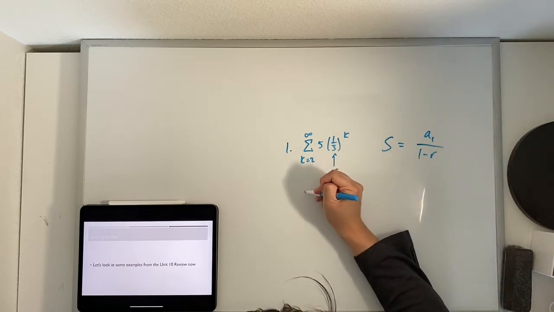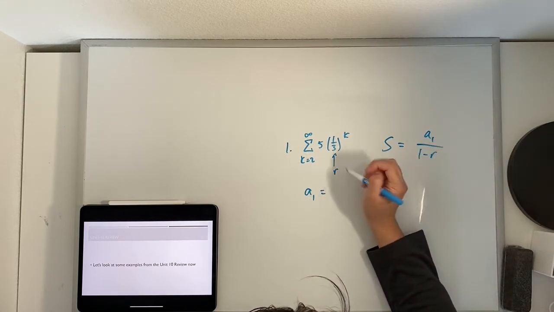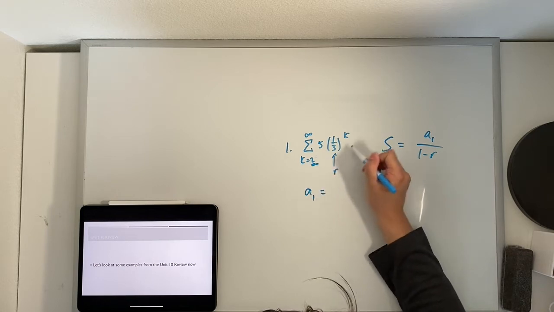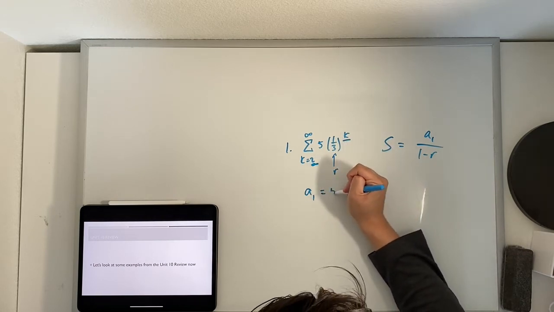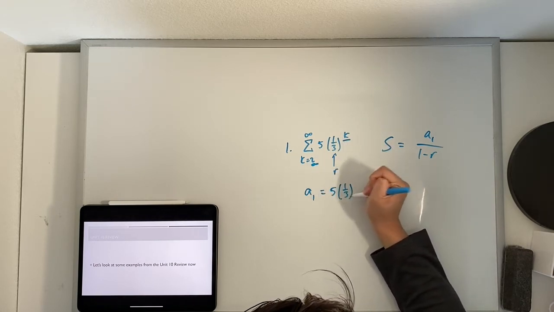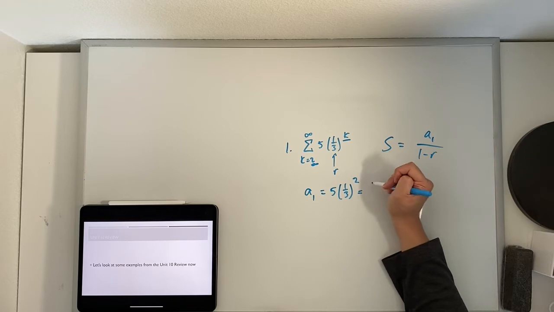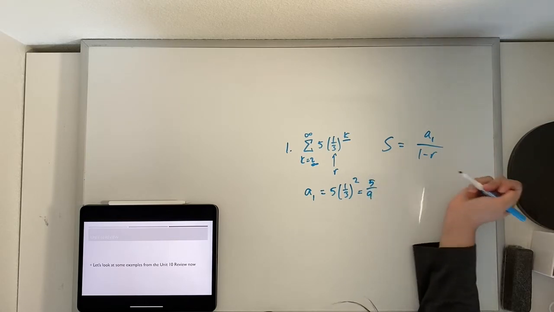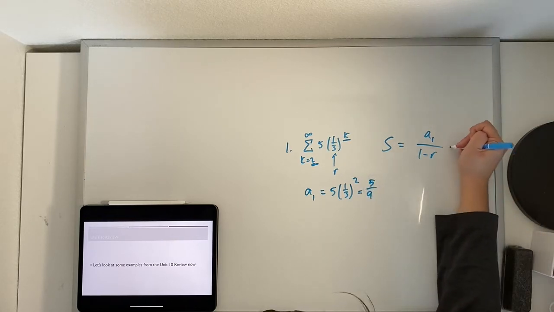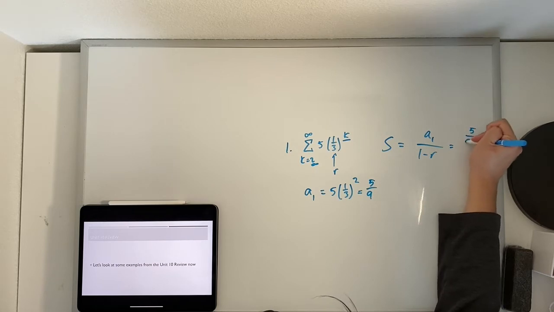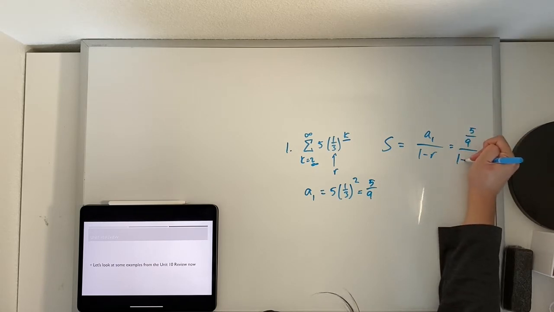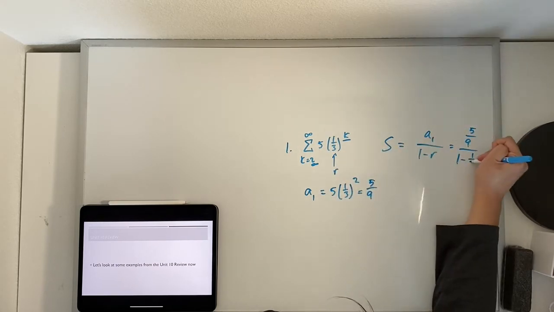That means we need to find our first term, which means we need to plug in our first value for k here, which is 5 times 1/3 to the second power. So our very first term here is 5 over 9. So our sum is 5 over 9 over 1 minus r, where r is 1/3.